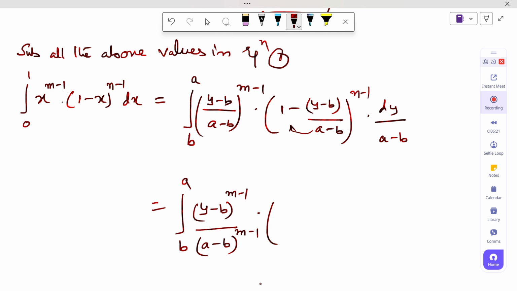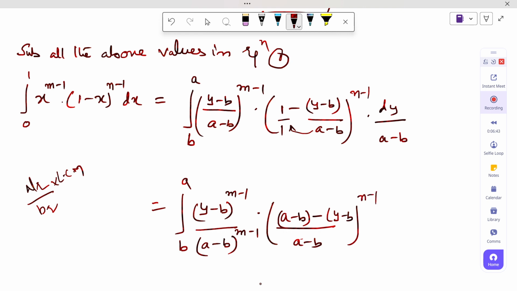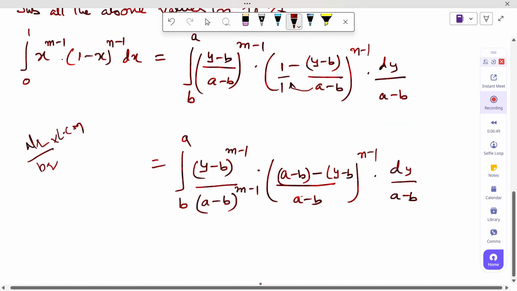Using the formula, numerator by denominator into LCM, 1 by 1 becomes a minus b when we make a common denominator. So we get (a minus b) minus (y minus b), to the power of n minus 1, into dy by (a minus b).